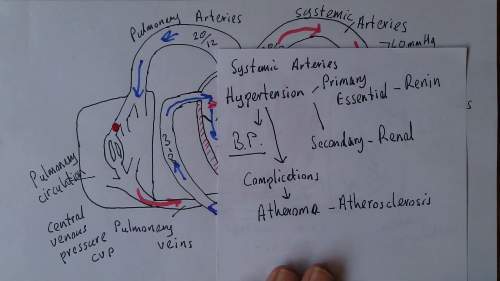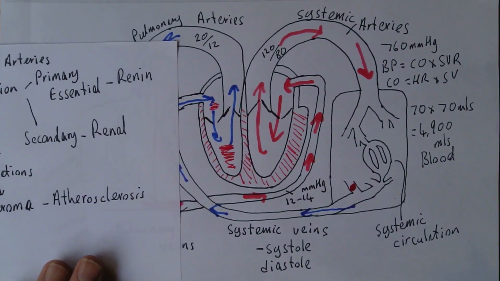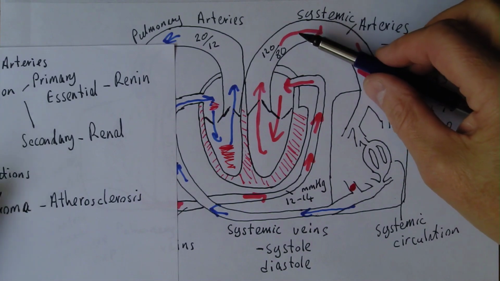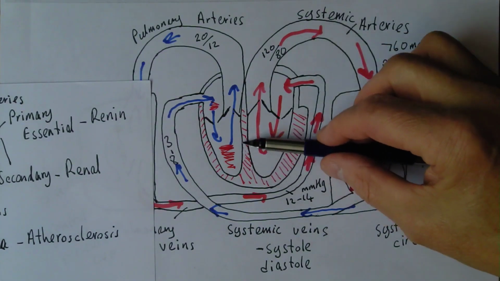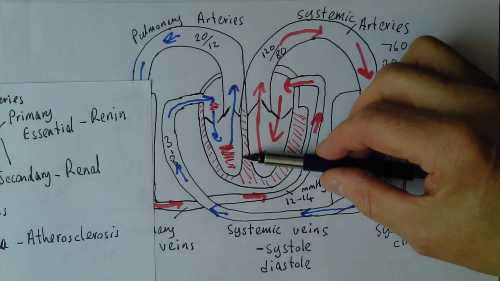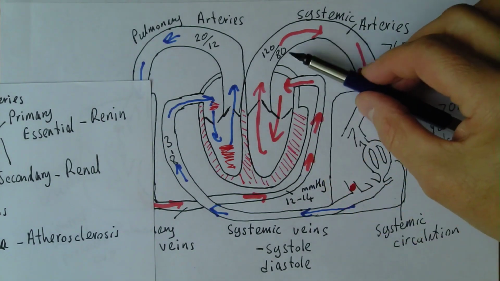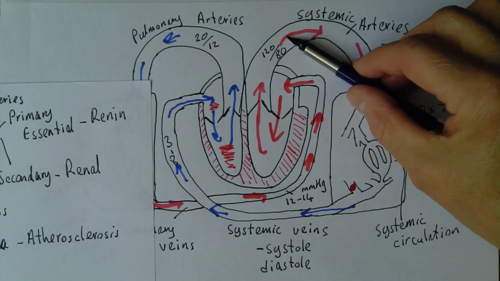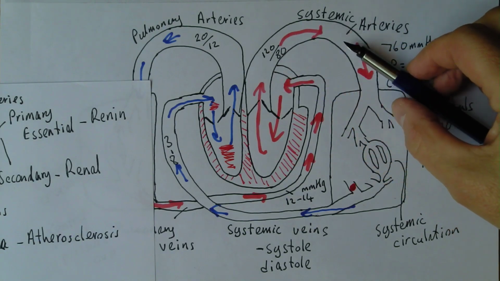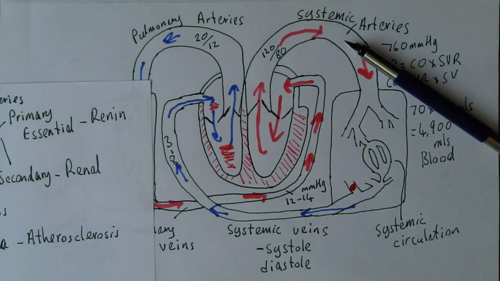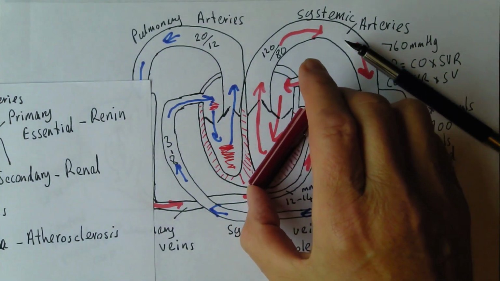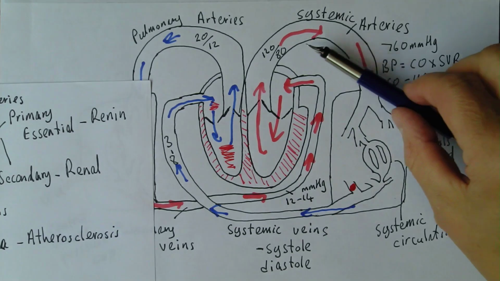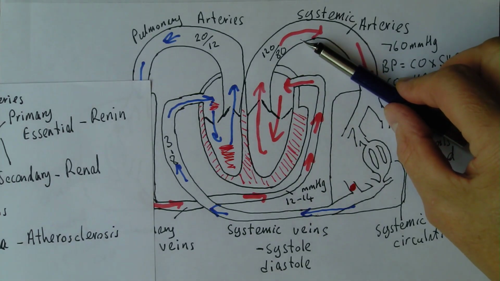Now, if the blood pressure here is high, what's that going to do to the left ventricular workload? If the pressure in the systemic arteries is high, can you see that means it's going to be harder for the left ventricle to contract, to pump the blood out against the increased outflow resistance. There will be an increased afterload.